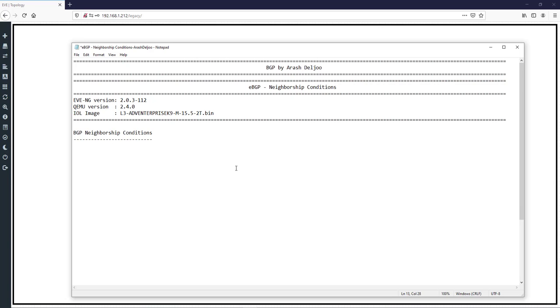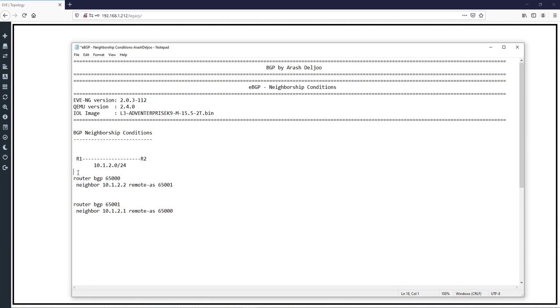When you are configuring, for example, in this scenario, R1 and then R2, with the subnet between them 10.1.2.0/24, as you saw, I configured router BGP 65000, the AS number of R1, then neighbor 10.1.2.2 remote AS 65001, and then I configured in R2 router BGP 65001, neighbor 10.1.2.1 remote AS 65000.